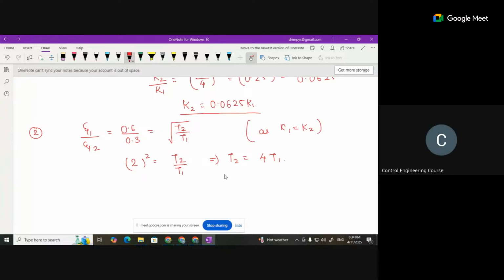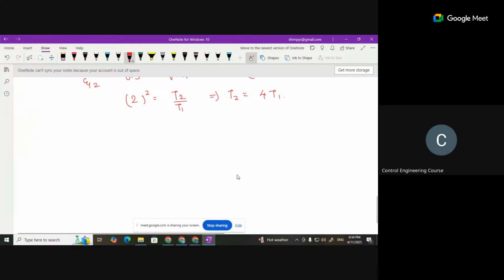So now let us see a problem based on the Bode plots we have seen. Let us see how to solve this problem just analytically without using the graph.